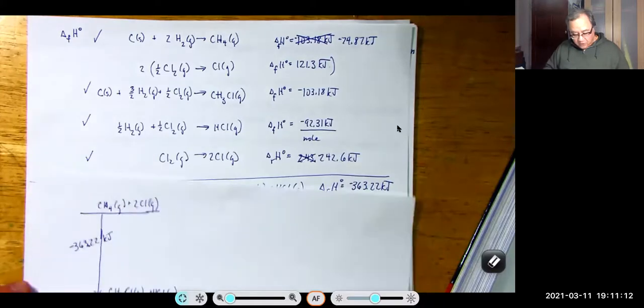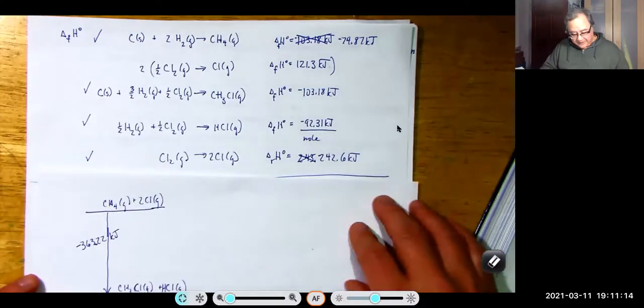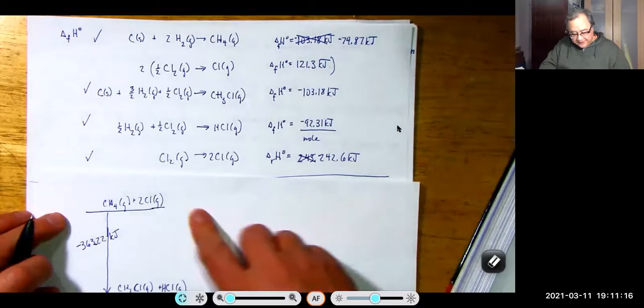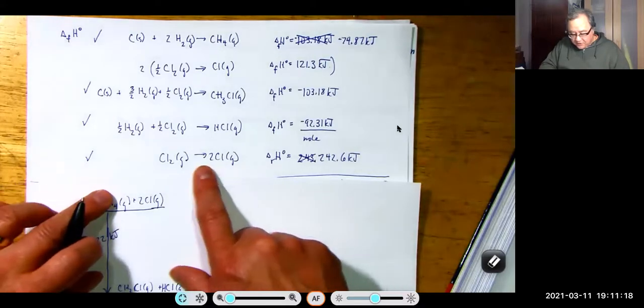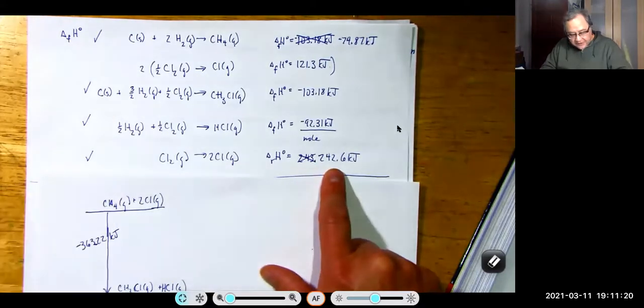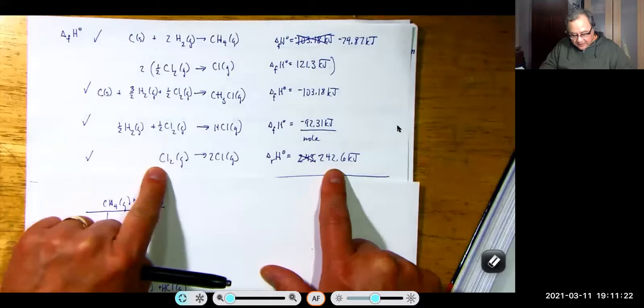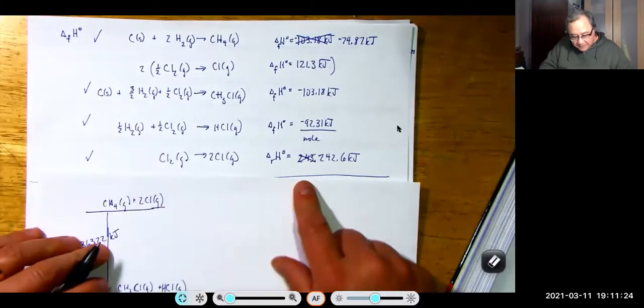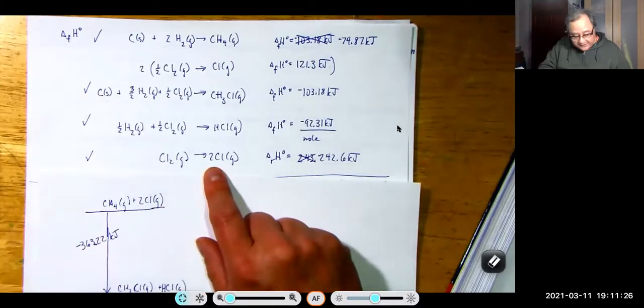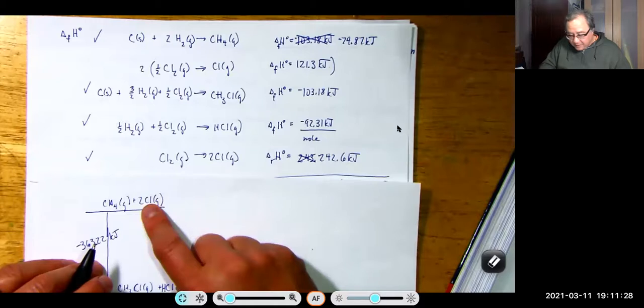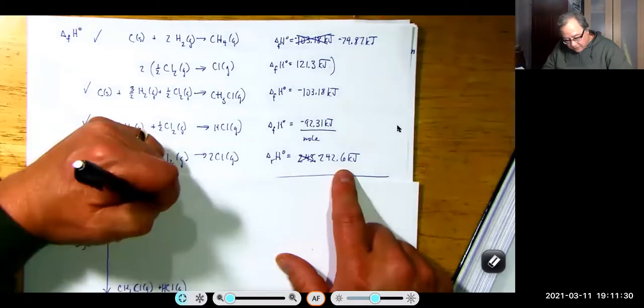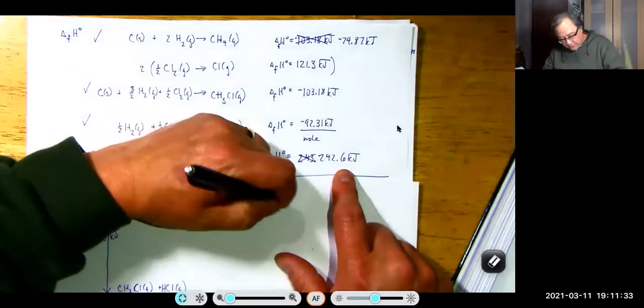So let's start incorporating the other equations that we need here. Well, look at this. I have this equation right here, this 2Cl and Cl2, and that seems to be that I'm going to make 2Cl gas right there. But I have a positive arrow. So what I'm going to have to do here is I'm going to move this over here like this.